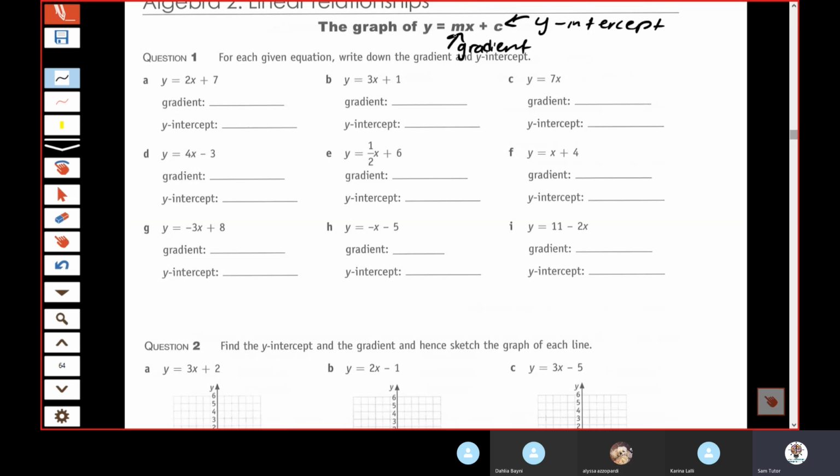So again, m is the gradient. The number by itself is the y-intercept. The gradient is in front of the x. So just before I start any of these, what is the gradient here? What would the gradient be for that question? 2. What number is in front of the x?